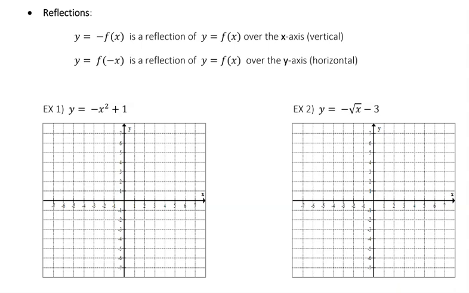Reflections are caused by a negative. If there's a negative outside of the function, it is a reflection over the x-axis, which means a vertical reflection. If there's a negative inside the function, then that is a reflection over the y-axis, so a horizontal reflection.